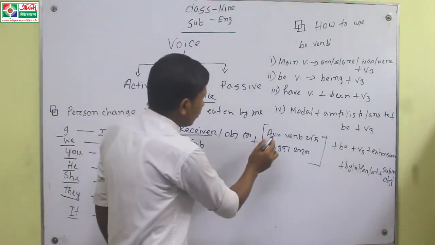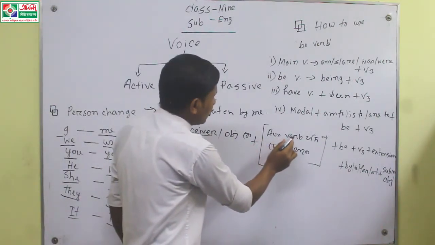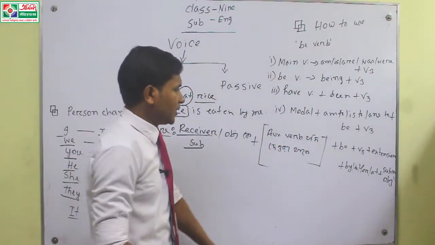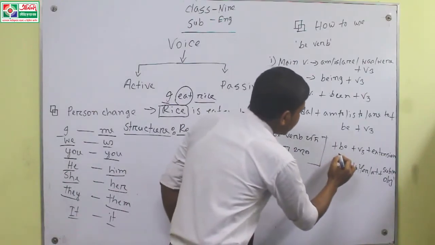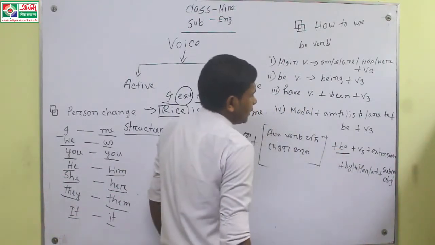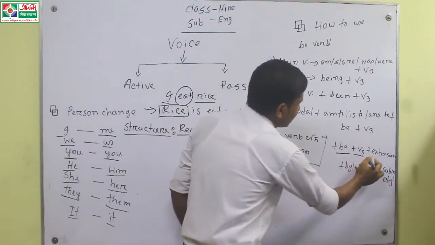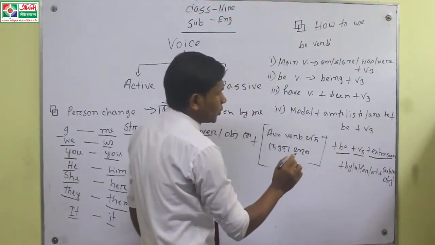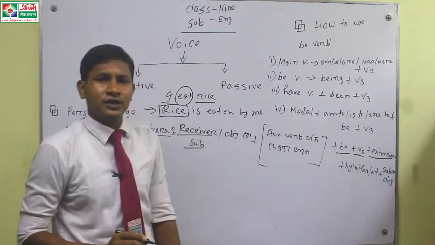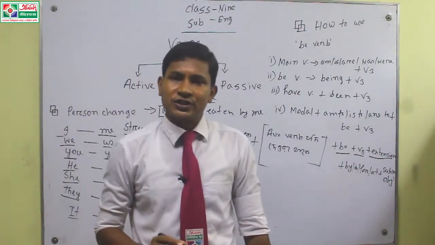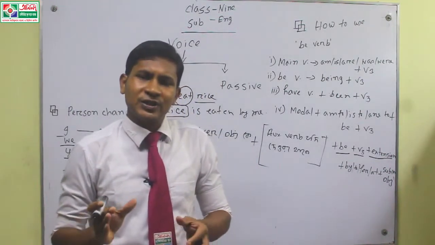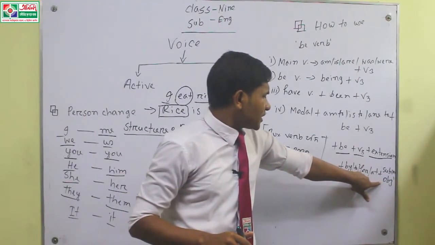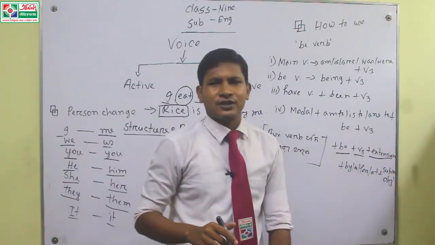Then if an auxiliary verb is given, we must use it here. Then we use the be verb, then verb 3, then the extension, then by, to, for, at and others, prepositions, which can be set with their familiar words. Then we use the object as the subject.